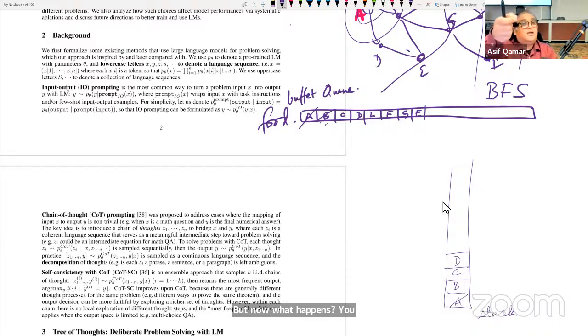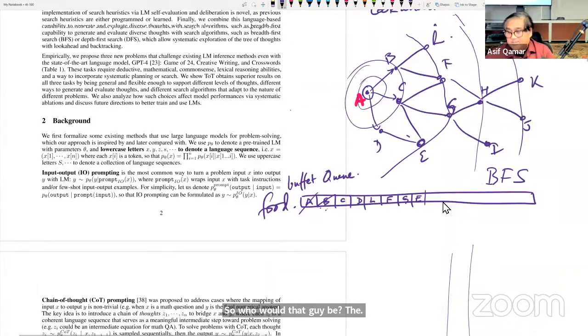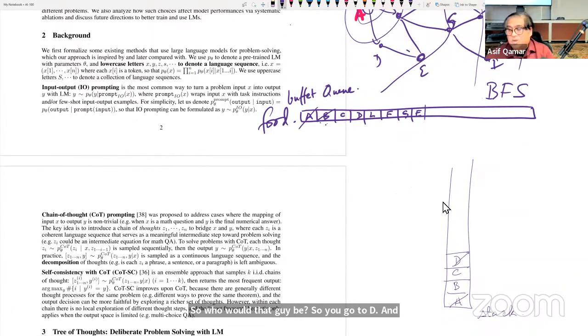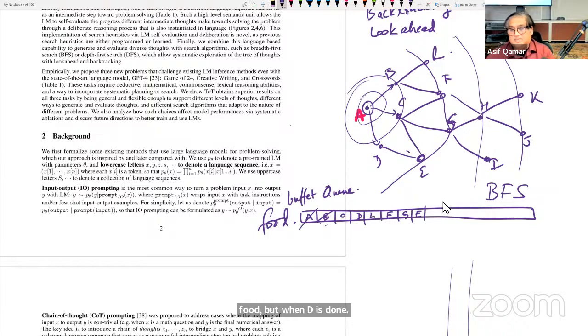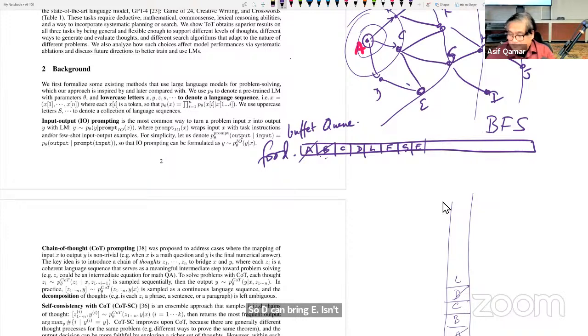The one who gets to eat the food is the one at the top of the stack. So who would that be? D. So you go to D, and D eats food, but when D is done, what is D going to bring to the party? D can only bring C, but C is already there. So D can bring E.